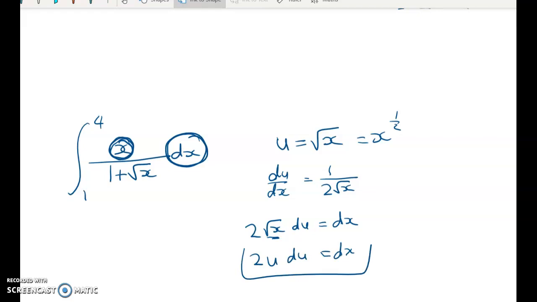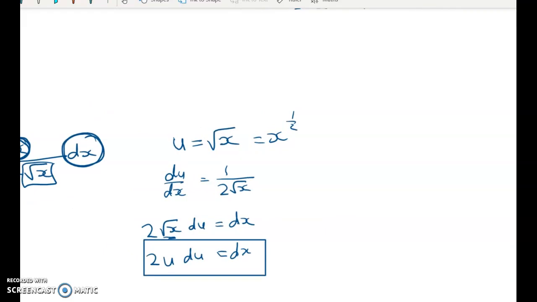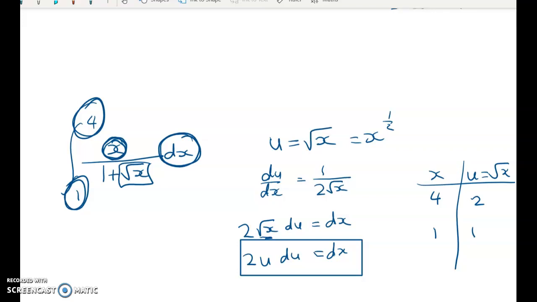Right, so that's going to be the first thing that I sub out, and then this has also got a u that I'm dealing with. The next thing that I do, as usual, is look at my limits and get those in terms of u. And none of this is too hard so far, right? So we've got x here is 1 and 4, and u is equal to root x, which is 1 and 2. What does that give me?